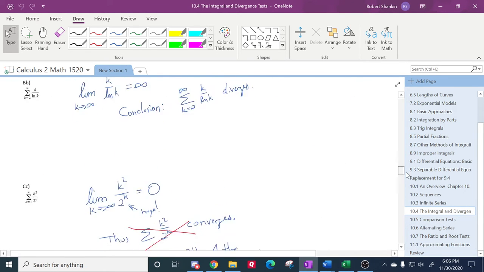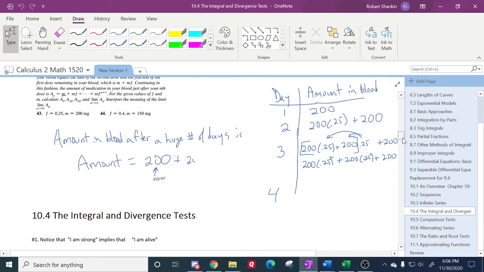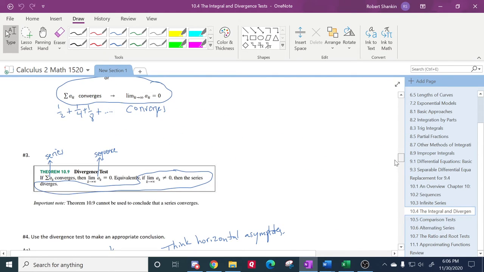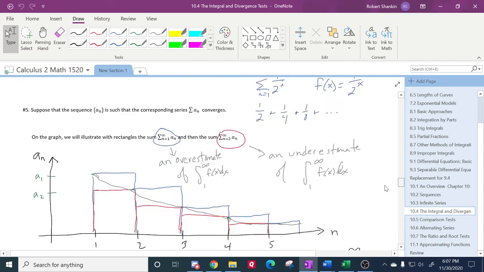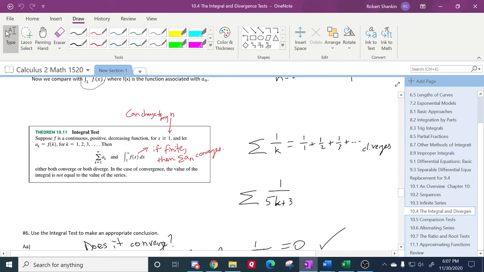The integral test. There's the divergence test, there's the integral test. It says that then this and this both converge or diverge. They do it together.